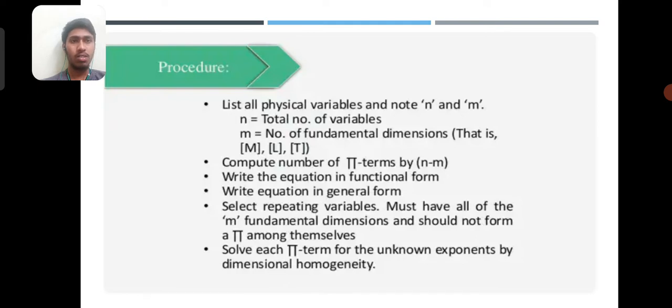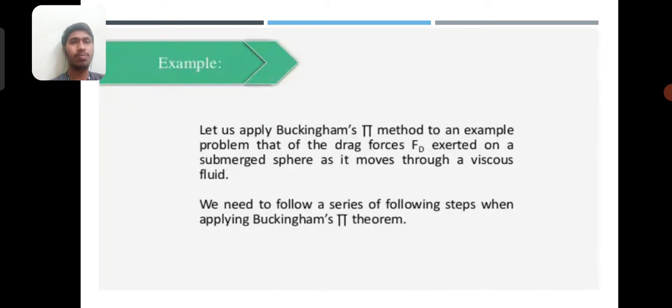Write the equation in a fundamental form. Write the equation in a general form. Select the repeating variables, which must have all of the m fundamental dimensions and should not form a pi among themselves. Solve each pi term for the unknown exponents by dimensional homogeneity.